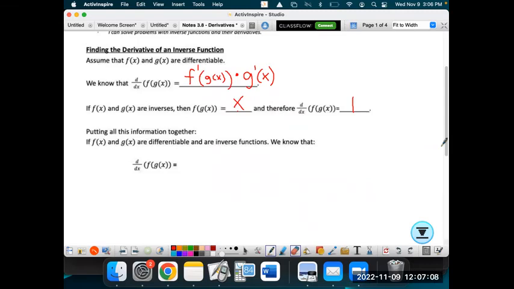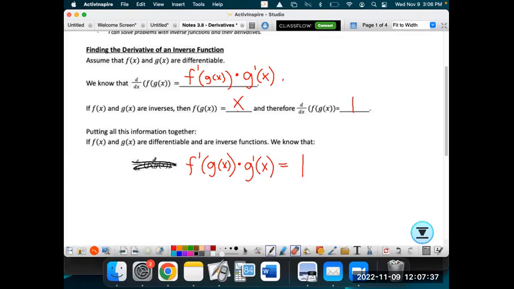All right, so what I want to do is put all of this information together. The very first thing that I got up here was just thinking about if I took the derivative of two composed functions in general. But if I'm thinking about those as being inverse functions, I'm really taking the derivative of x, which is 1.